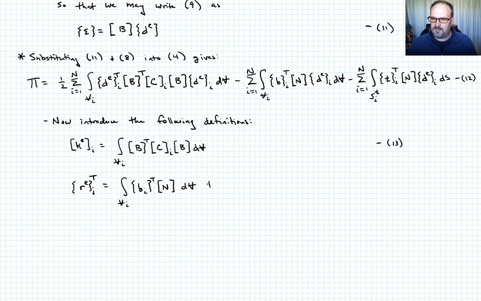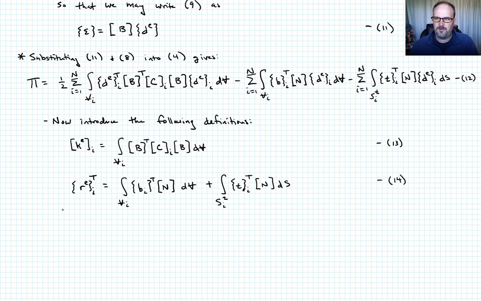And then I can say this is plus, now the integral over Si of ti transpose times N dS. Let's call that equation 14.